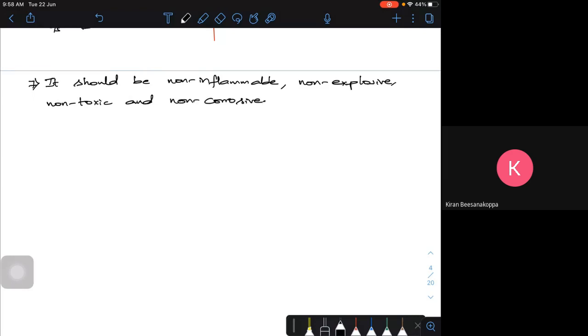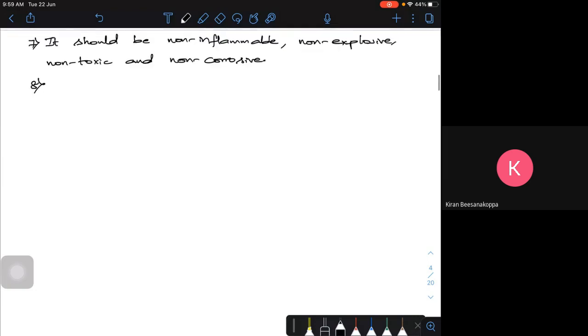Okay, let us look at the last property and we'll wind up. It should give rise to a high COP within the temperature range we are working in. Maybe other properties are there, you can add to it. It should give a high coefficient of performance in the working temperature range.